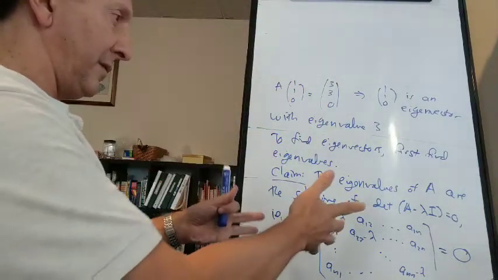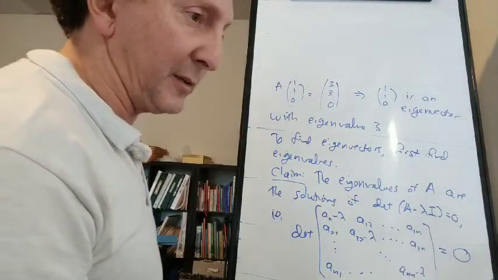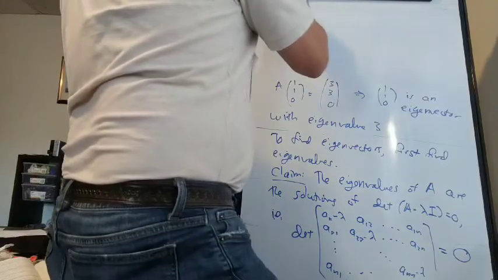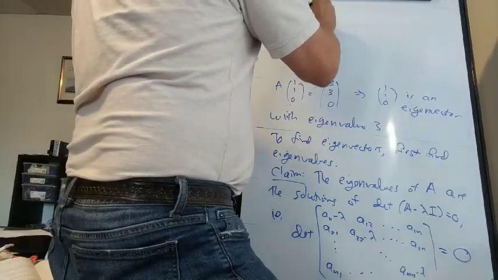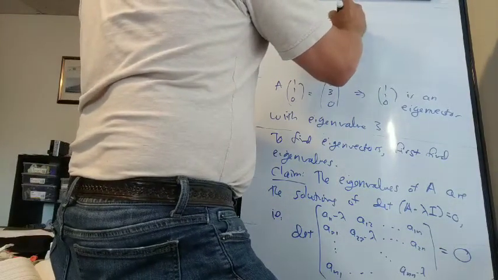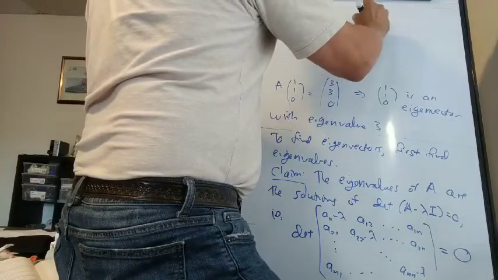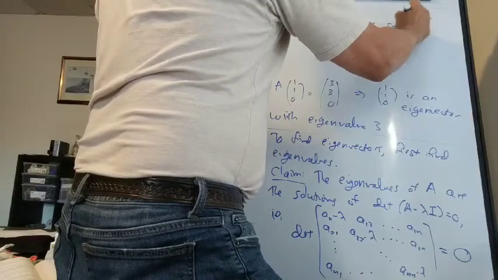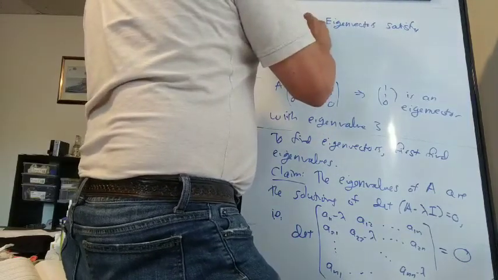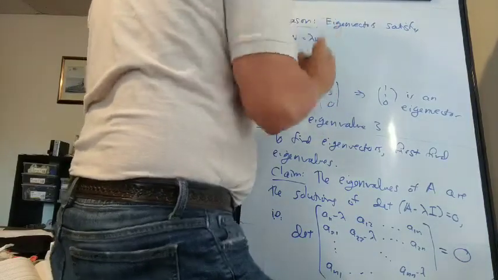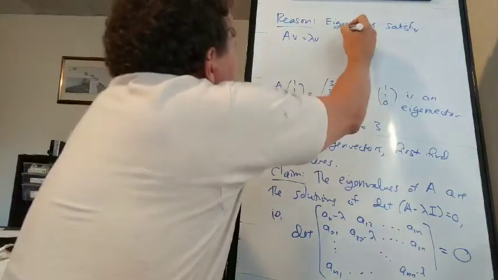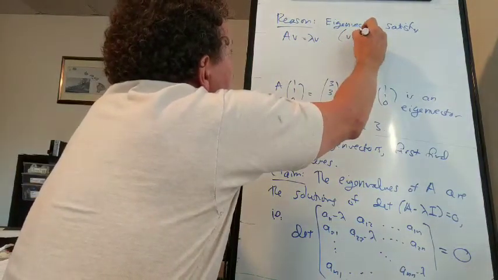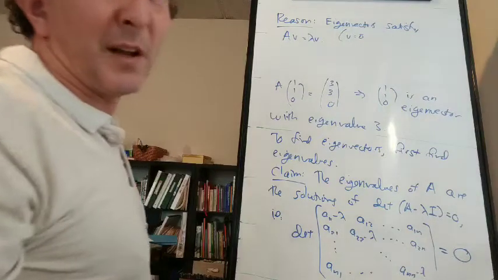All right, so what does that have to do with eigenvalues? This equation doesn't make it clear. So the reason is that eigenvectors satisfy AV equals lambda V. V equals 0 always satisfies this, but again, that's not interesting.